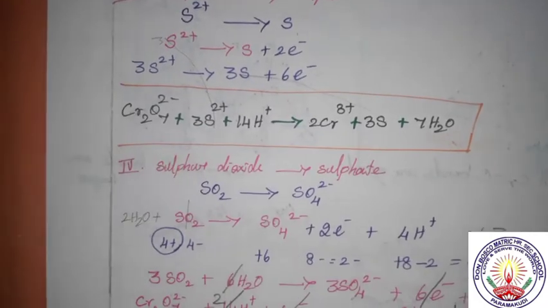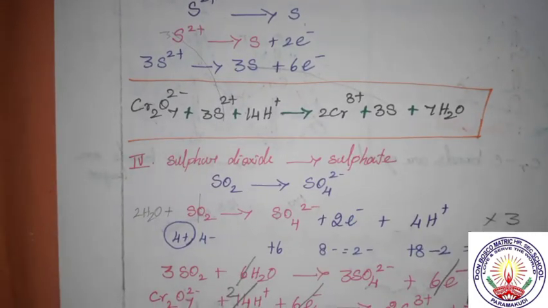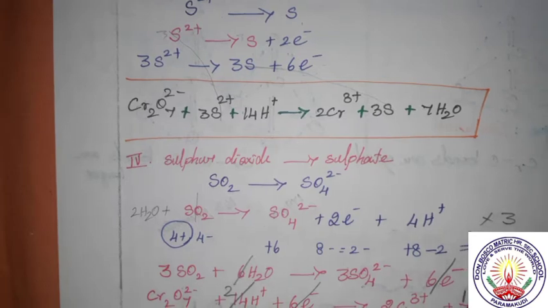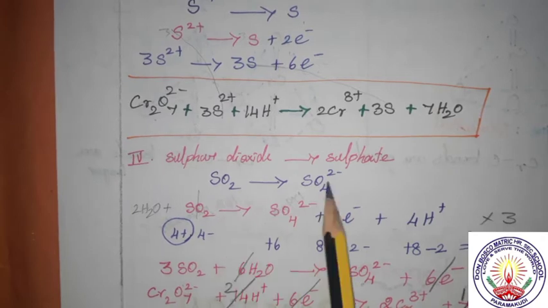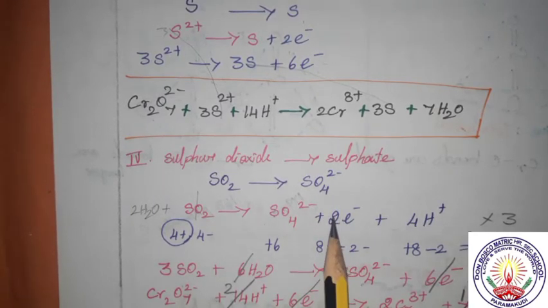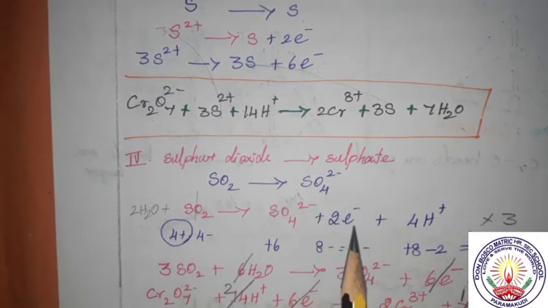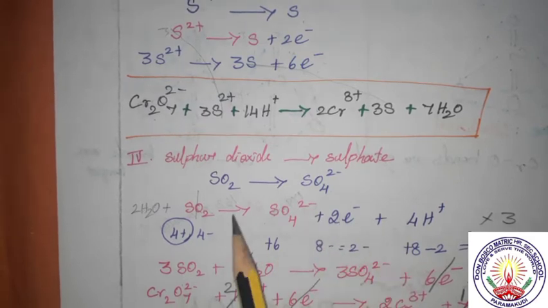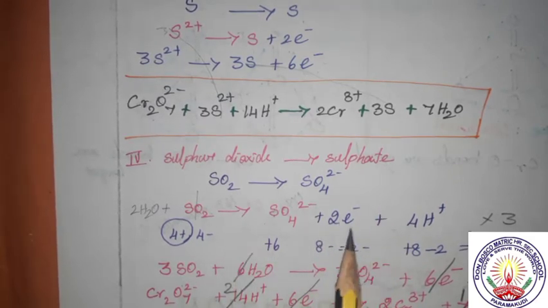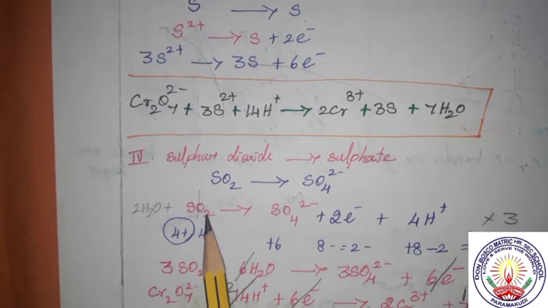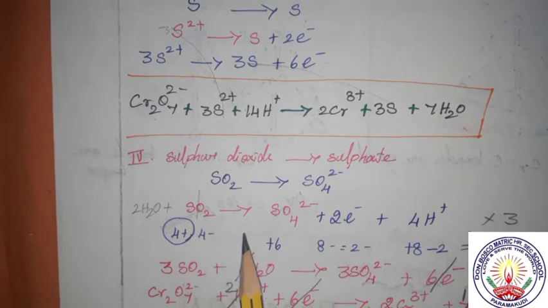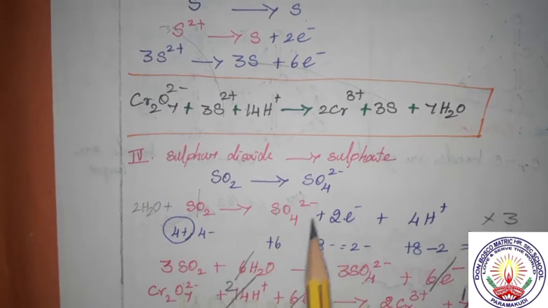The fourth one is sulfur dioxide to sulfate. This is something different from the other ones. Here the basic equation is changed slightly because the number of oxygen differs. Here it is O2 and here it is O4. First we shall see the oxidation state of the sulfur, then how many electrons are participating in this oxidation.